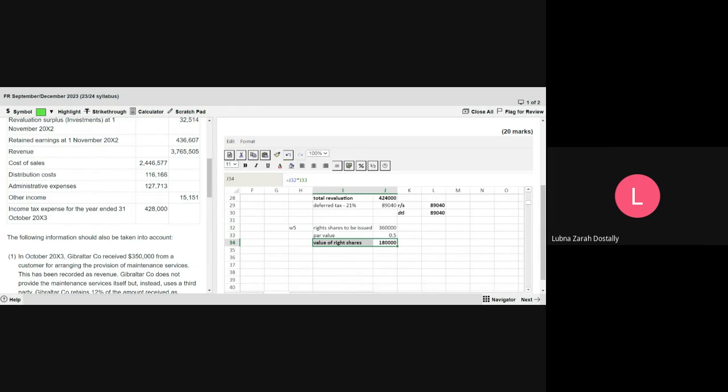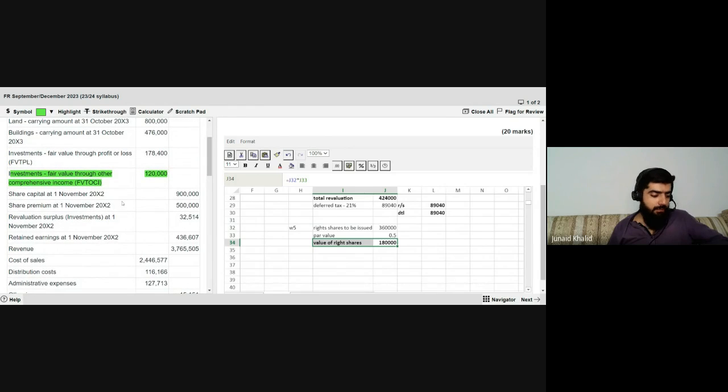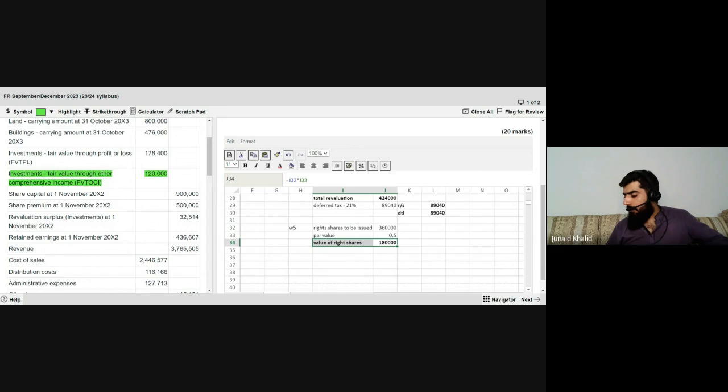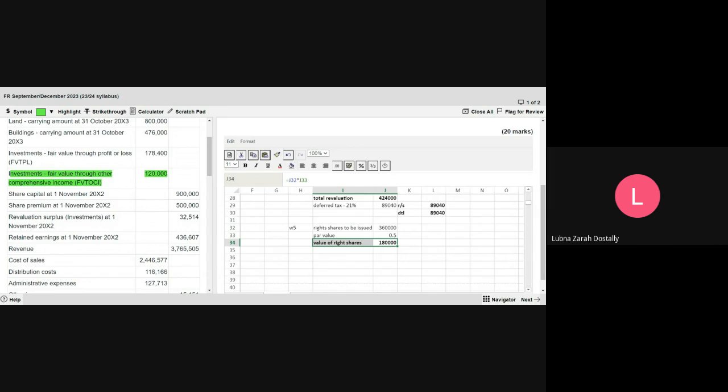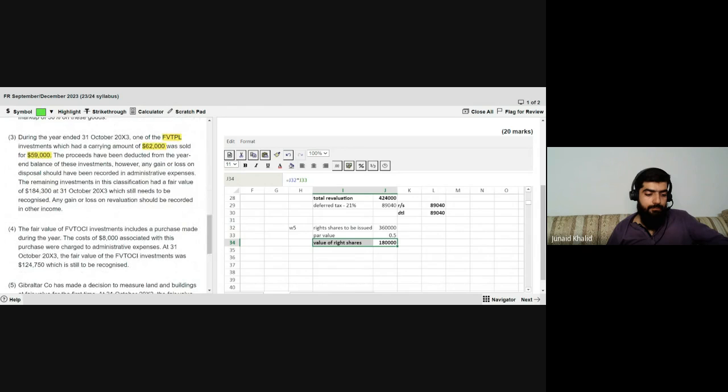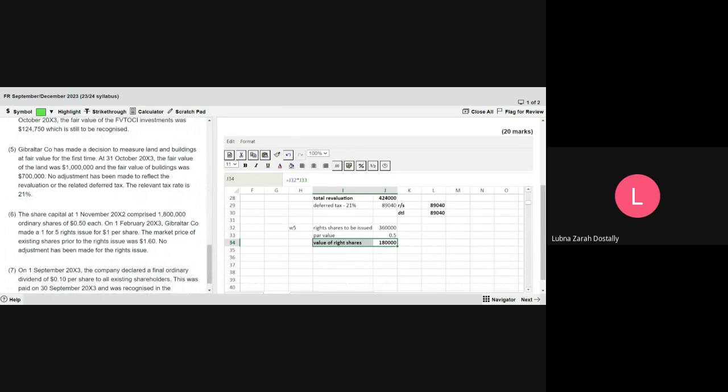We take the 900,000 divided by 0.5 to get the number of shares. What are the number of shares? 18 lakh, and the number of right shares that we have issued is 3 lakh 60,000. And the dividend is given at the rate of 0.10. So the value of dividend would be 198,000.